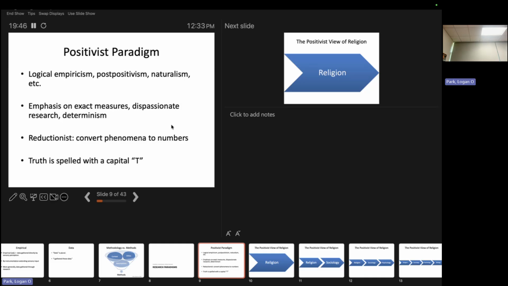You start with a theory, apply methods, and analyze the data that come from those methods, write out your research report. Okay. The idea is that the universe is perfectly captured by imperfectly understood natural laws and mechanisms.